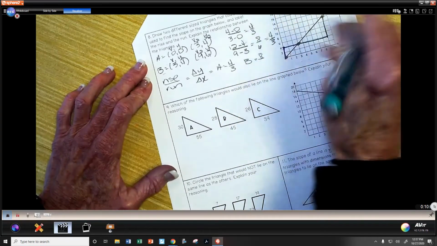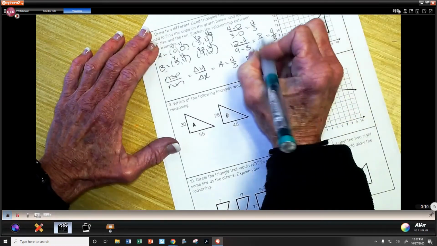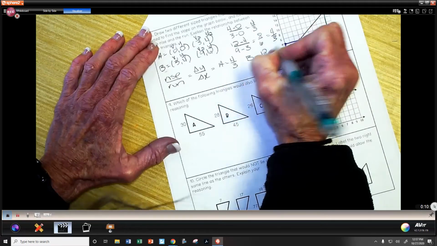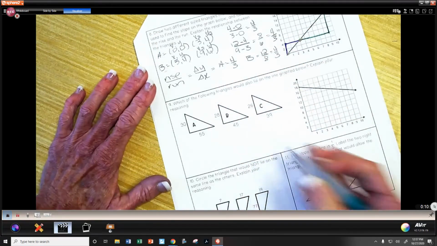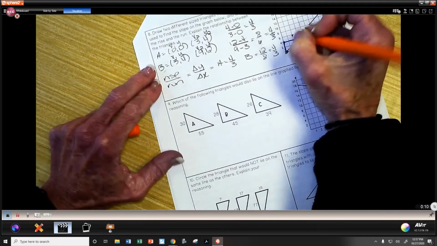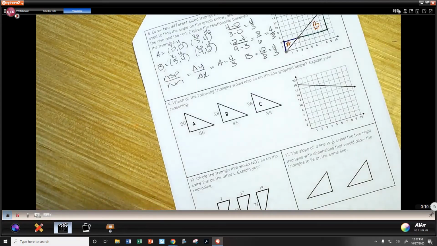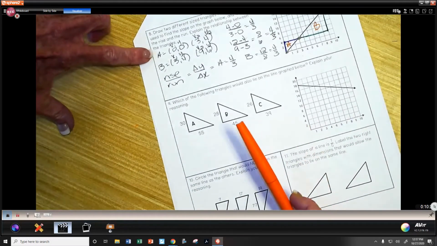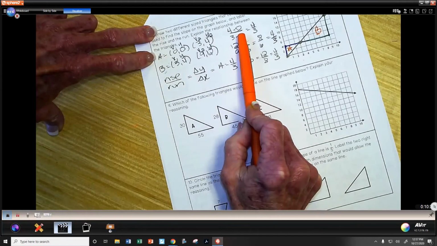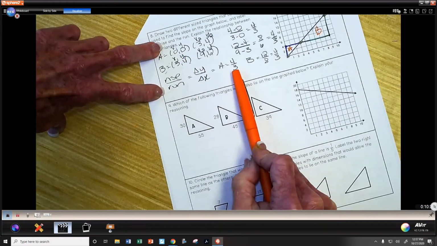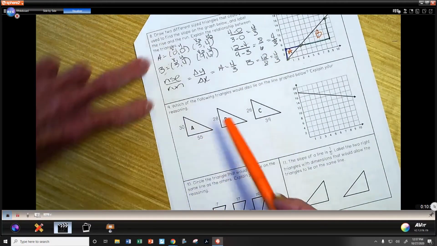I went up 12 over 8, which reduces to 4/3. So you get the same thing either way. And I'm going to label my triangles. This is A and this is B. Okay? So all this is saying is that if you use the formula or rise over run, you should get the same slope if you did it right.